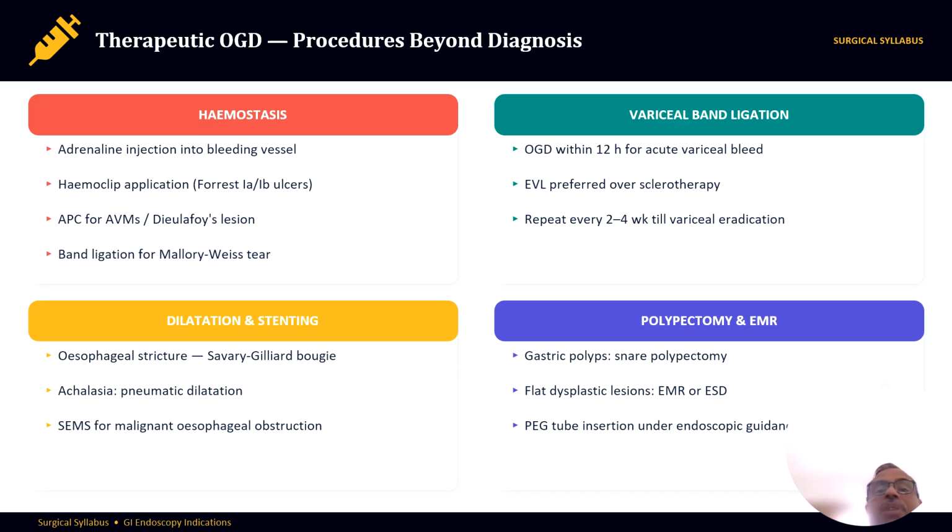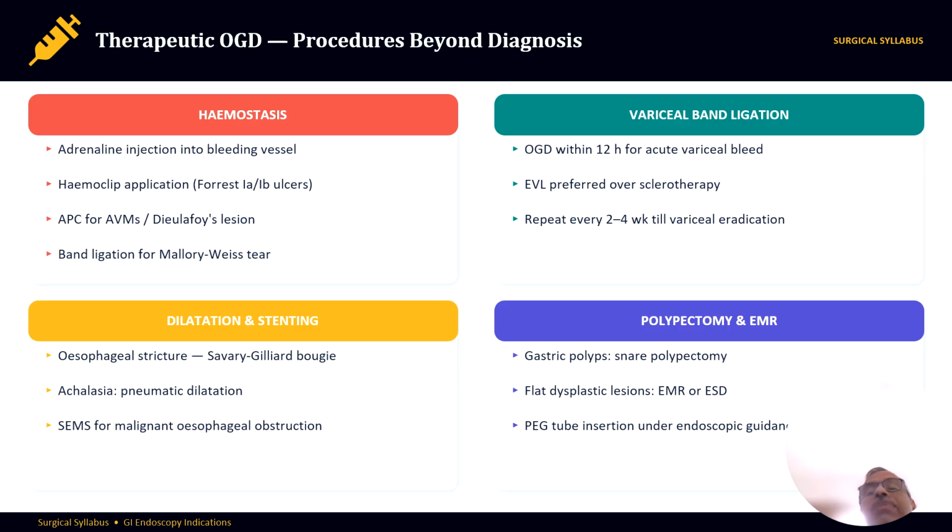If you see gastric polyps, you can do a snare polypectomy. If you see a dysplastic lesion, specifically suggestive of Barrett's esophagus, then you can do endoscopic mucosal resection or endoscopic submucosal dissection.